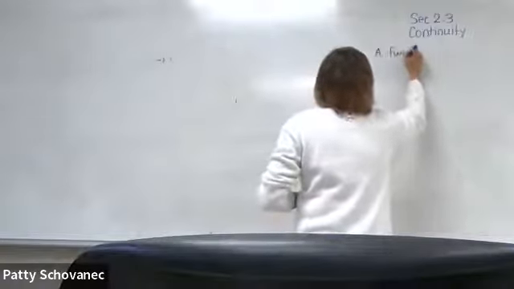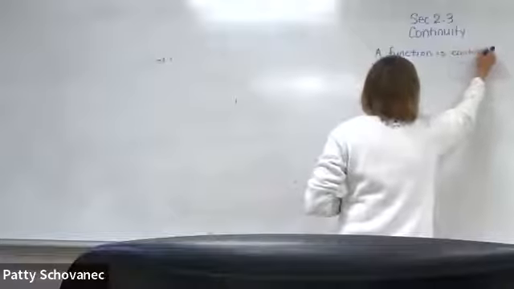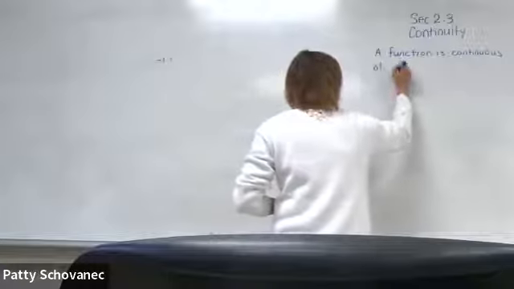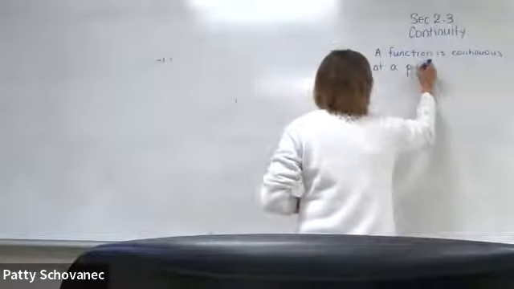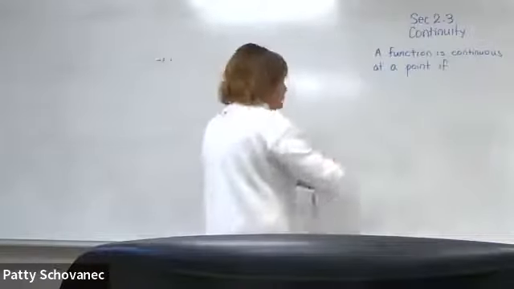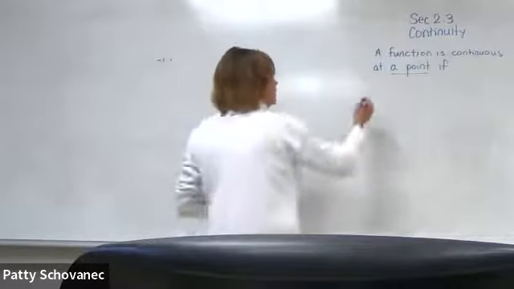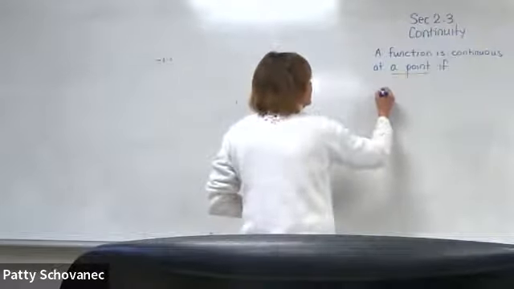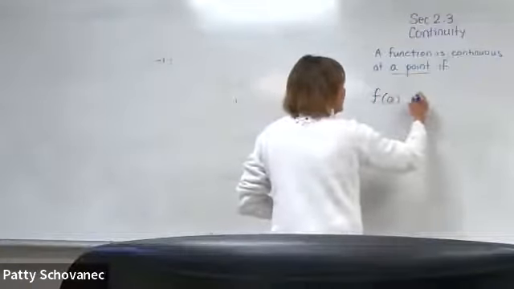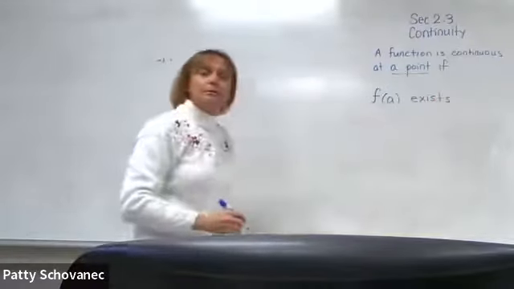A function is continuous at a point if, at a particular point, three things happen. The first thing is that the value of the function actually exists at that point: you plug a number in, you get a number back out.